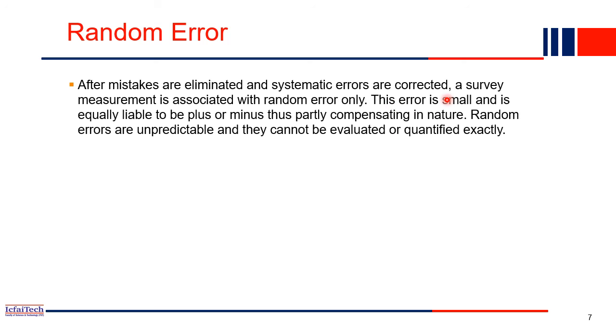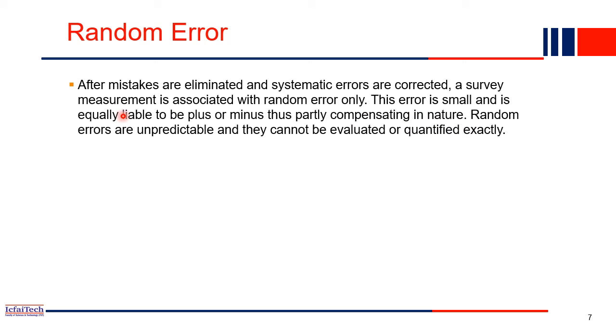Similarly, random error is very small and equally liable to be plus or minus, thus compensating in nature. In some readings it will be positive, in some negative, so it is compensating error in nature.